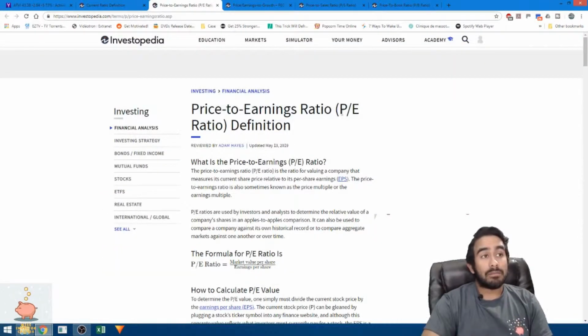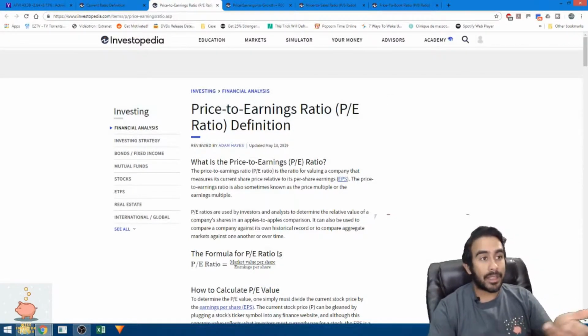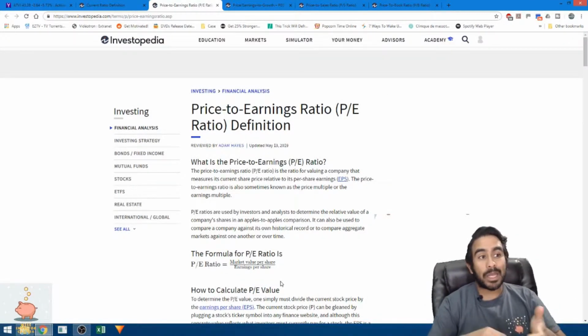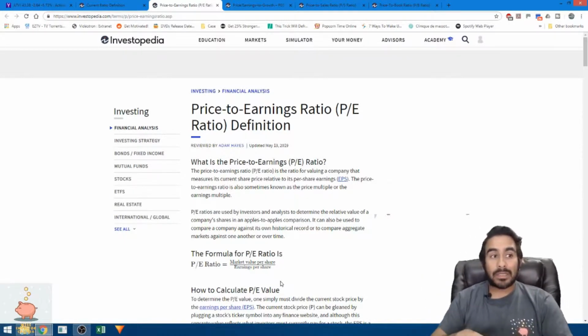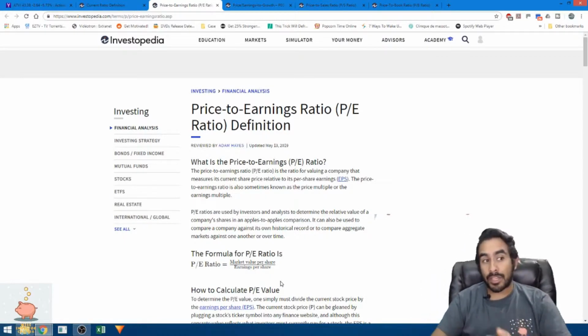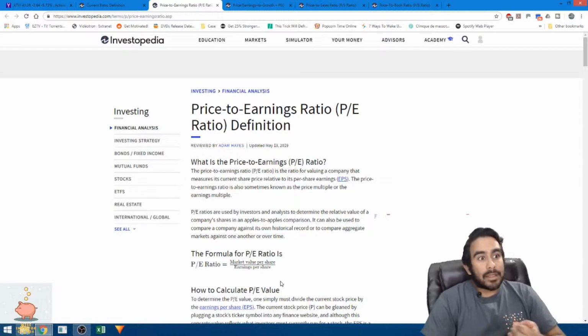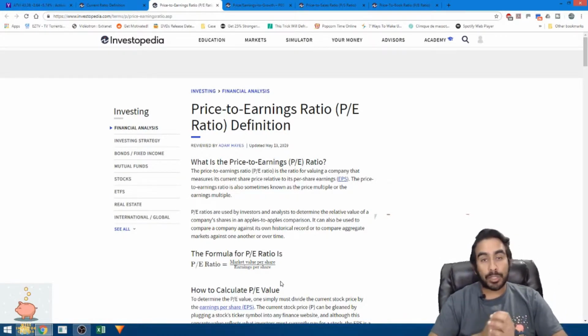What is PE? PE is price to earnings, and the formula is pretty simple. You take the market value per share divided by the earnings per share. So you get the EPS, which is the earnings per share, and the market value per share.